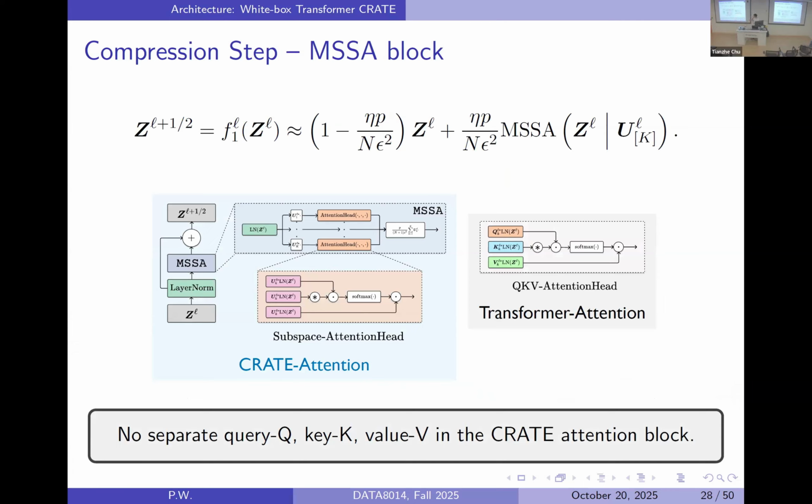It's like one step of the standard transformer block, the attention. And the main difference is that there is no separate query, key and value matrix in our constructed transformer block, in this white box transformer block. Okay, any questions?